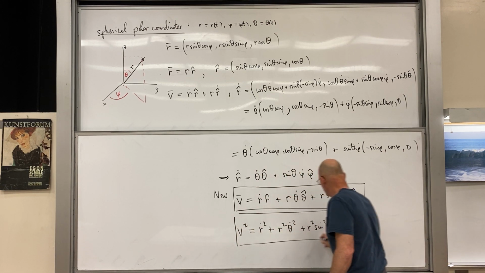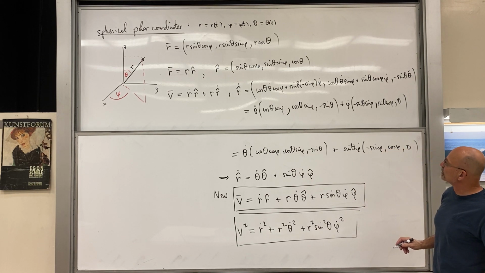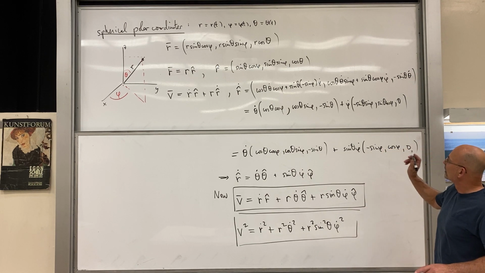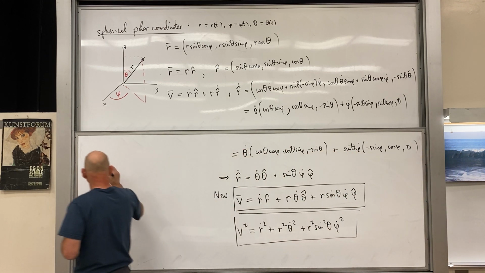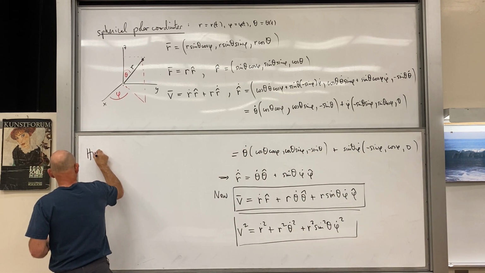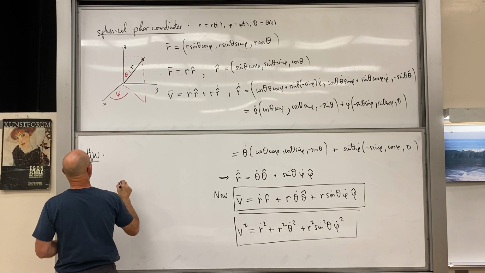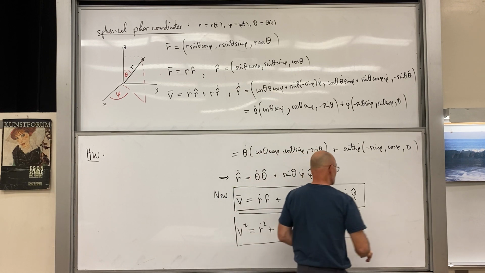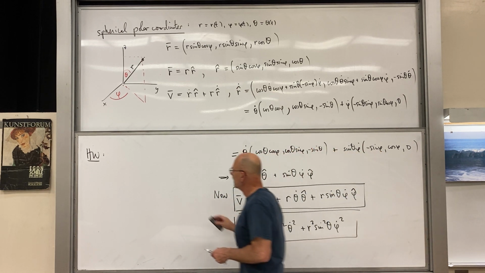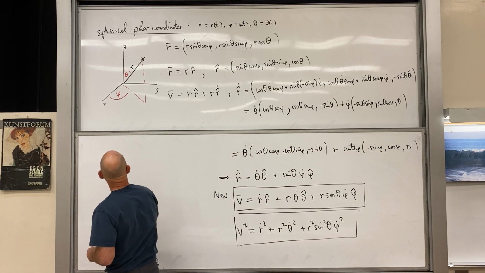So I think we have a sufficiently complete presentation here, and I'll add another homework problem to the mix. Actually, before we do that, let's draw a little picture and discuss this briefly.